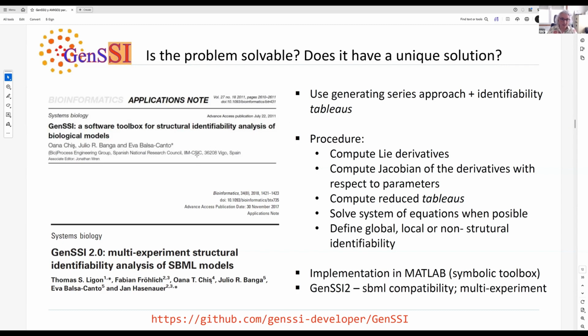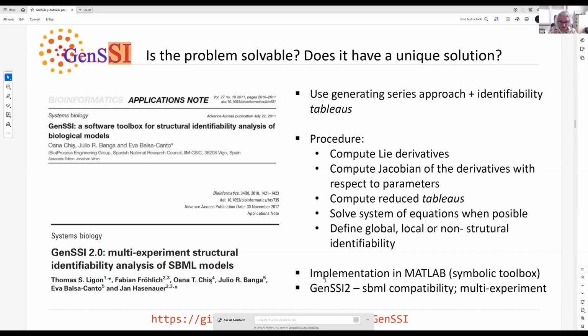So the tool was originally implemented in 2011 in its original version, GenSSI. It is implemented in MATLAB, and it's using the symbolic manipulation toolbox in MATLAB. And later, in 2018, in collaboration with Jan Hasenauer's team at the University of Bonn, we implemented an update of the tool, which is compatible with SBML models and allows for multi-experiment capability.